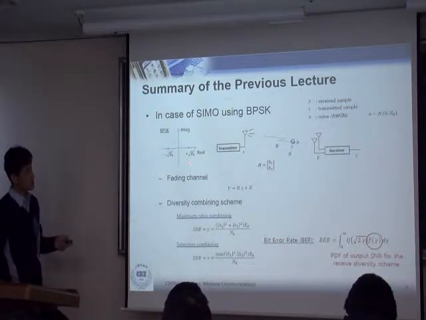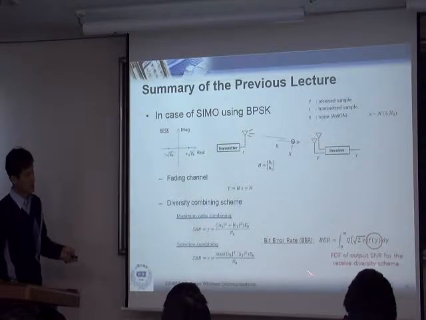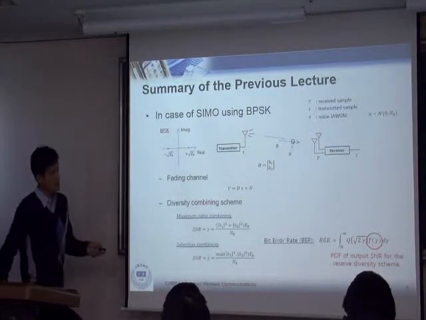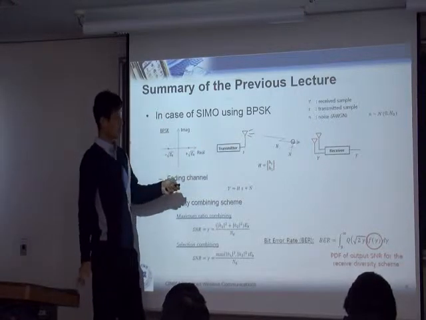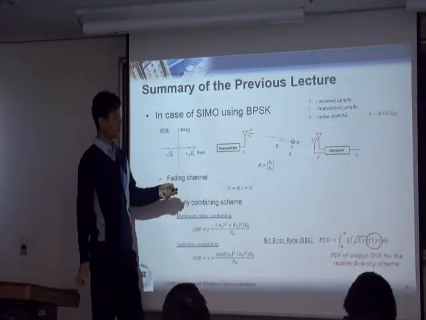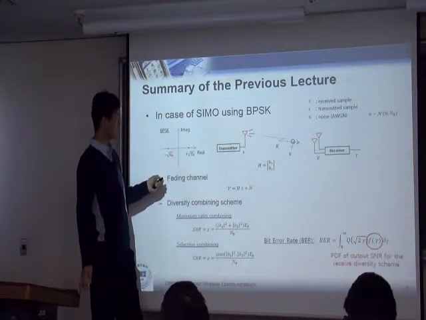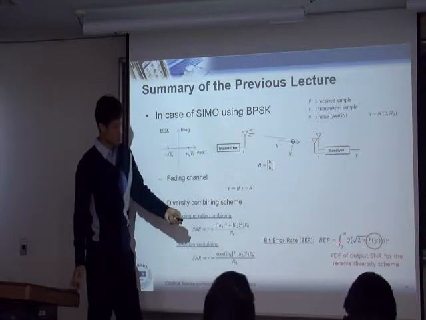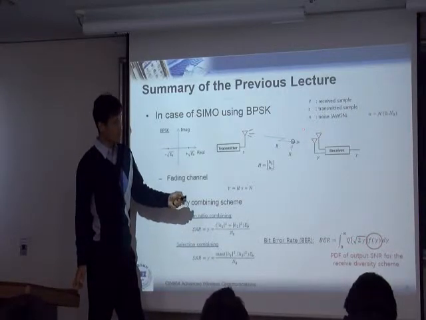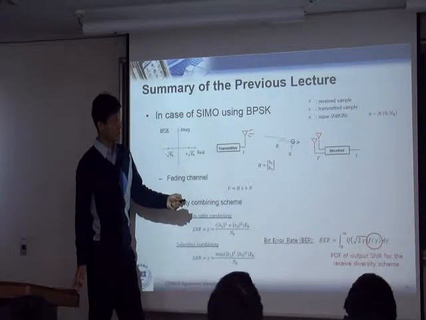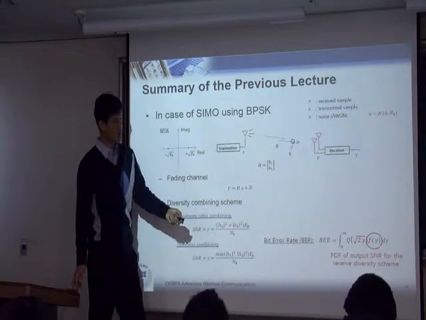This one basically shows you that when you have multiple antennas, as I showed you earlier, as long as you use BPSK, it doesn't matter how many antennas you use. You get the same Q function. What is different based on the receiver antennas is this PDF.